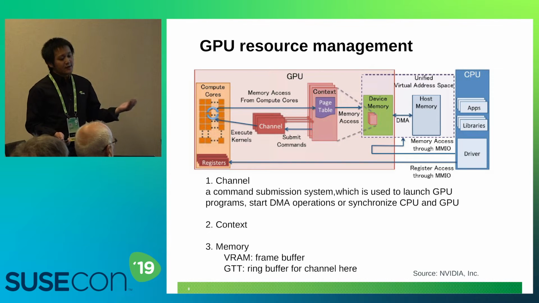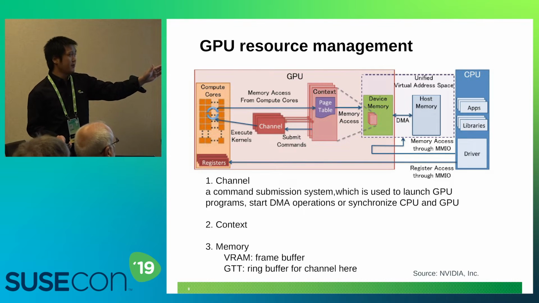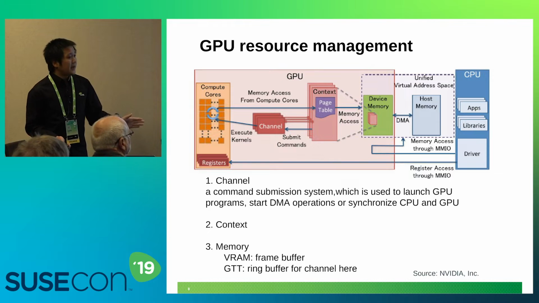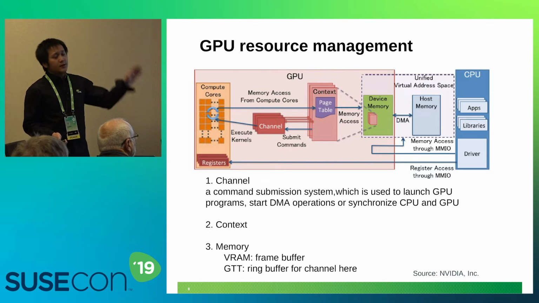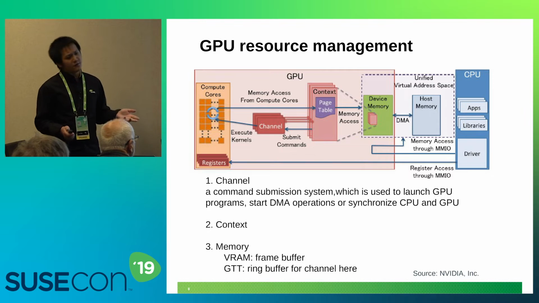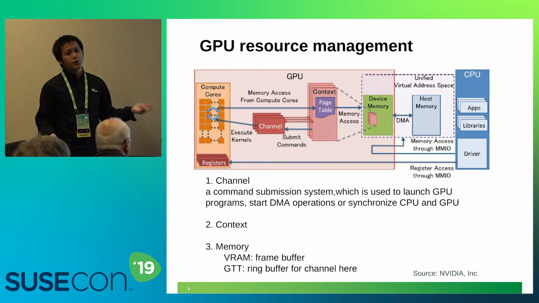And also they have memory: I/O memory, or the traditional memory, video memory, or host memory for some control commands. So the whole idea for this part is you just need to know what a GPU is. GPU can do two things: graphics, and big data and machine learning.